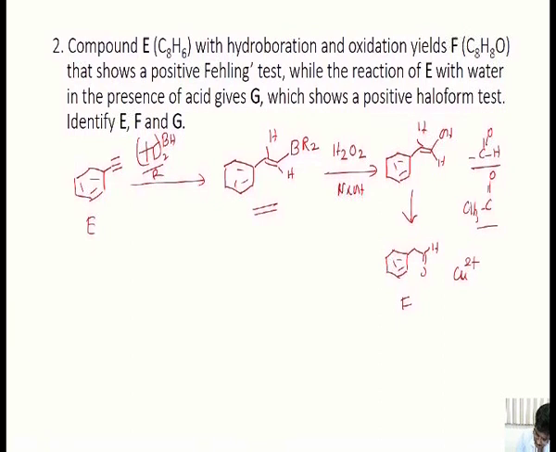When you mix it with an aldehyde, it can oxidize it to a carboxylic acid, where copper 2 will be reduced into copper 1 oxide, which will precipitate as a red brown precipitate. This test is often used to find out the presence of an aldehyde functional group in the molecule.